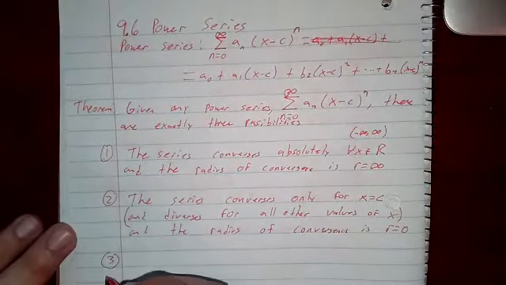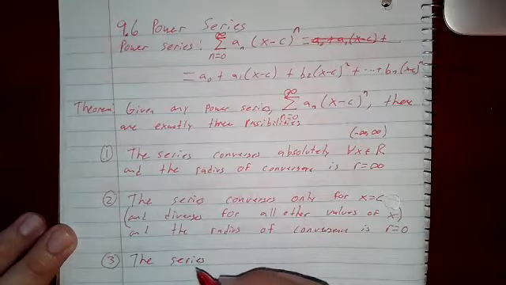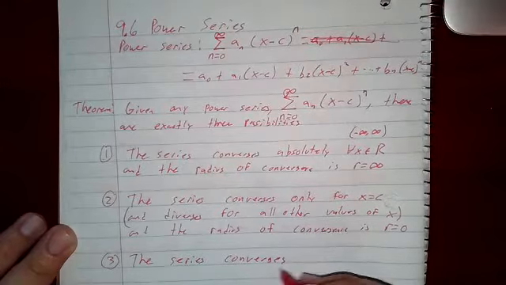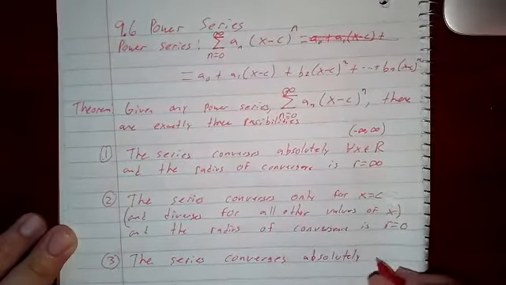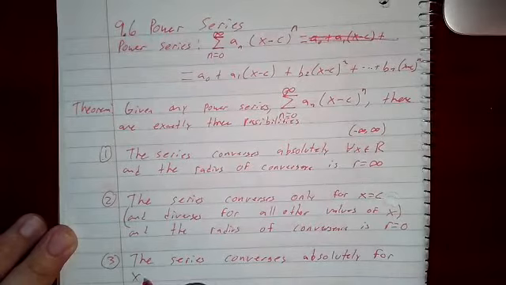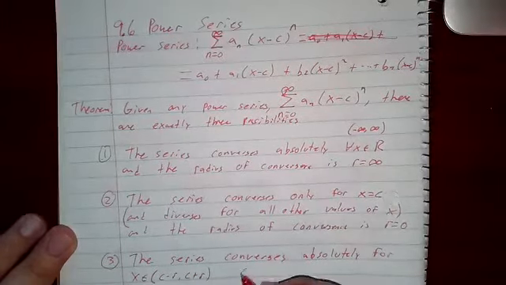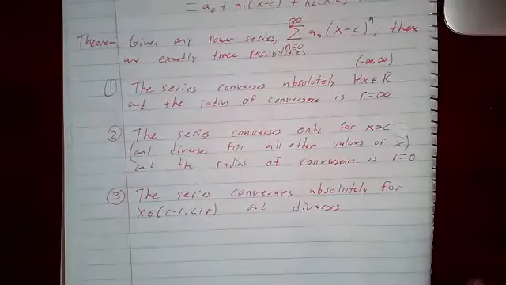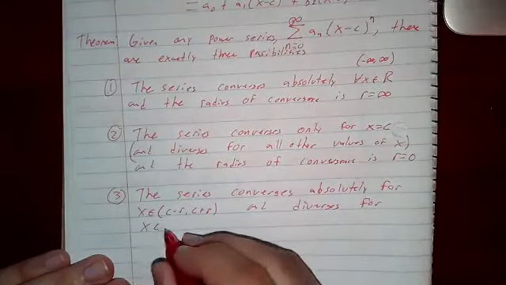Number 3. The series converges absolutely for x an element of the interval c minus r, c plus r, and diverges for x less than c minus r.